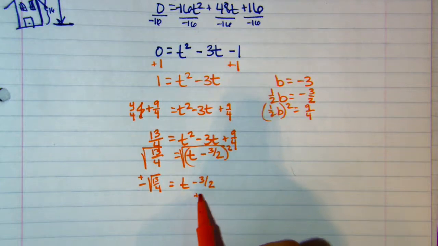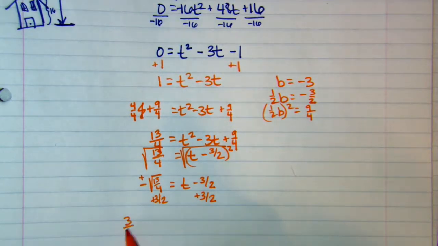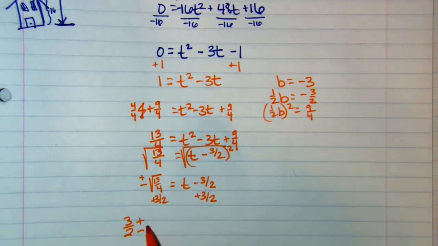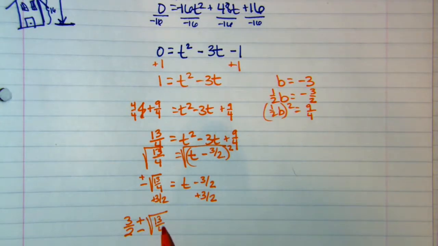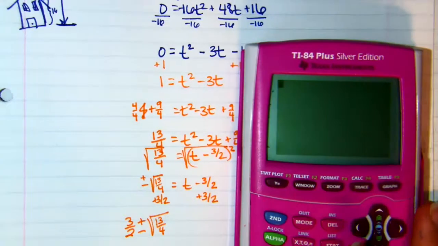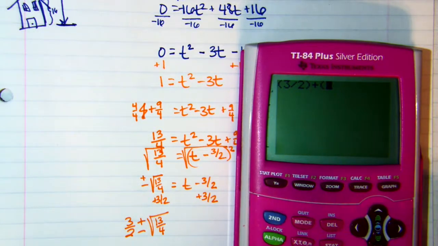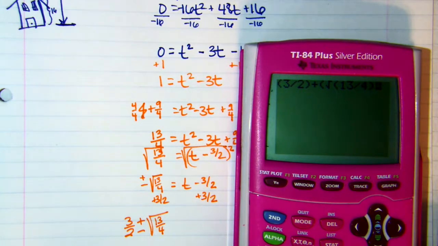If I add 3 halves to each side, this is 3 halves plus or minus the square root of 13 over 4. This is a real life problem. I don't want a square root in my answer. That doesn't actually make any sense at all. So I get my calculator out and I'll do 3 halves plus the square root of 13 divided by 4.